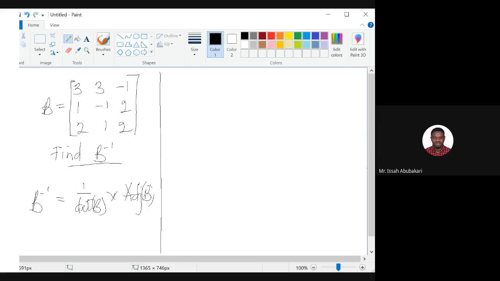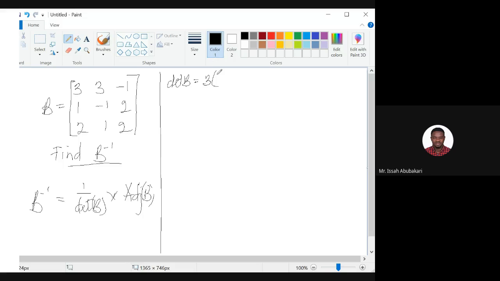So the determinant of B is equal to, when we cross our first row, our first column, we are going to have 3 by -1 times 2 is -2, minus 1 times 2, which is 2. So we are going to have -2 minus 2.